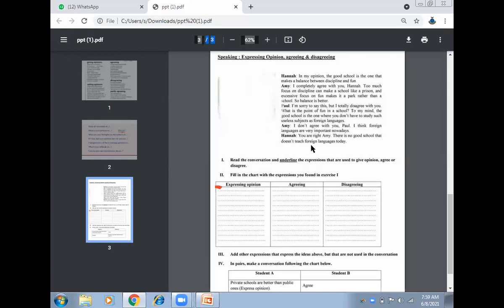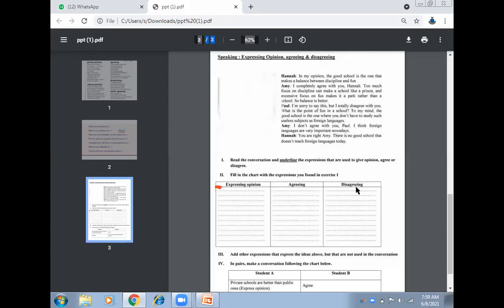Okay. I will give you another example of agreeing. If you read the conversation, Amy said, I completely agree. Here it means that she agrees with the person. I completely agree with you. So this expression will go here. I totally agree with you.